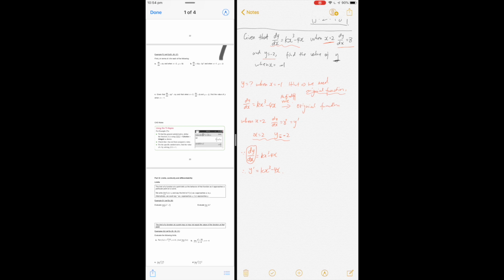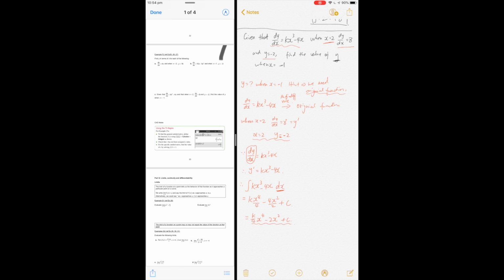The anti-derivative of kx cubed minus 4x with respect to dx, do not forget that, will be k x to the power 4 over 4 minus 4x squared over 2 plus c. Simplified, that is k over 4 x to the power 4 minus 2x squared plus c.